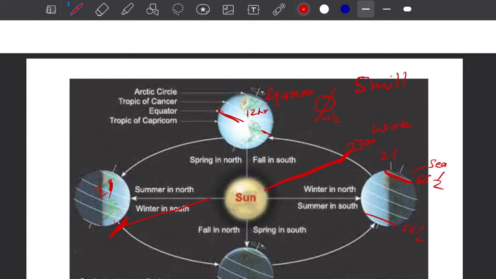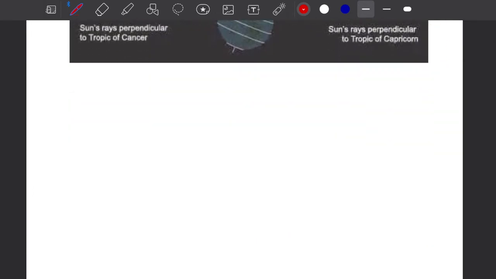It's not the distance. Because of distance there is some change in intensity: 6% intensity decreases during aphelion, and 6% intensity increases during perihelion. That is considered, but it is never the reason for change in seasons. Okay, I hope this is clear to you.